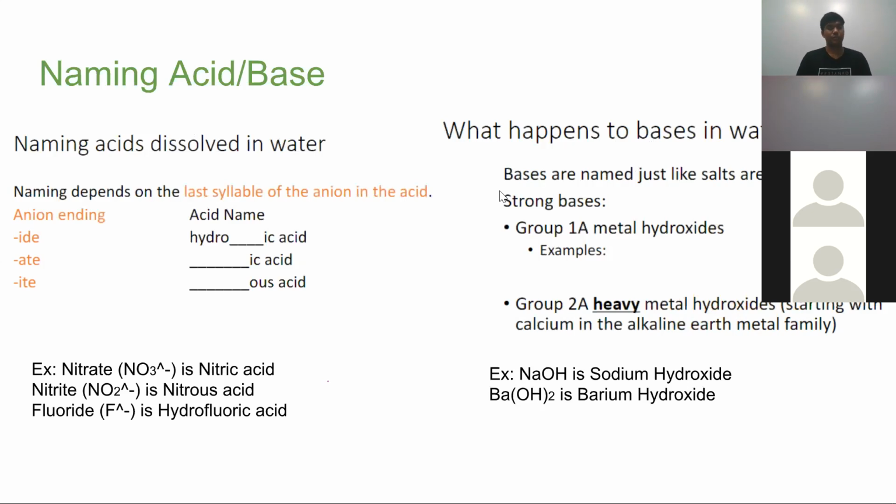Bases are more simple to name, I would have to say. When you dissolve a base in water, it just becomes the name of the cation plus hydroxide. For example, NaOH: you know that Na is the cation, and OH minus is the symbol for hydroxide, so it becomes sodium hydroxide.